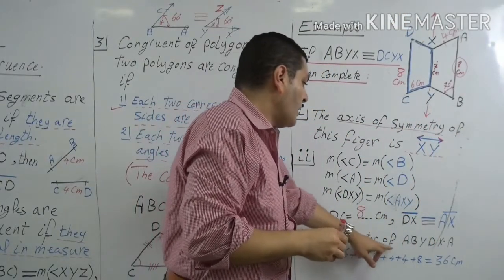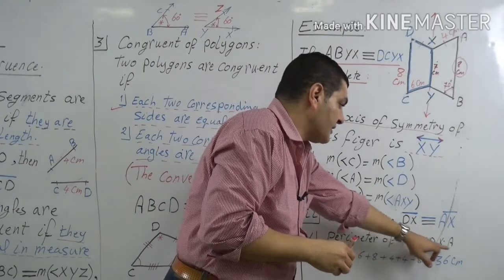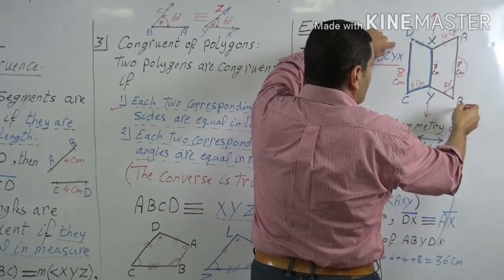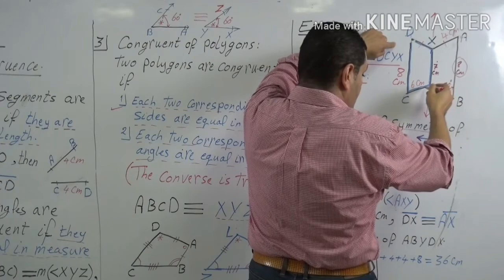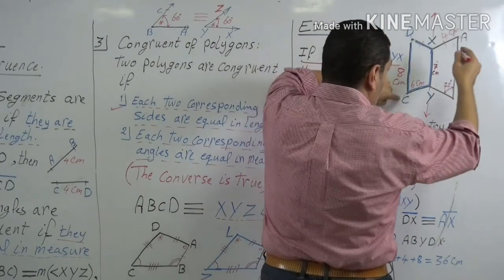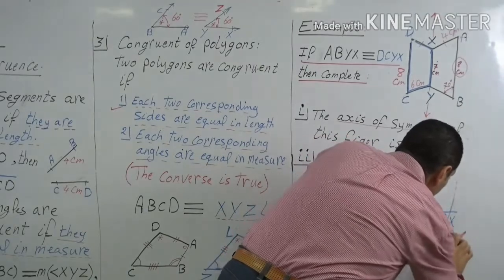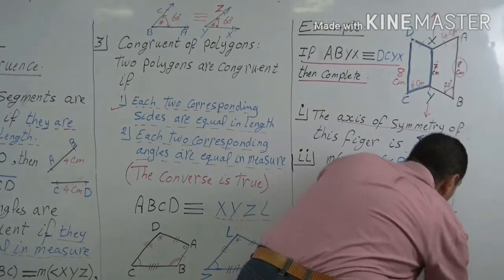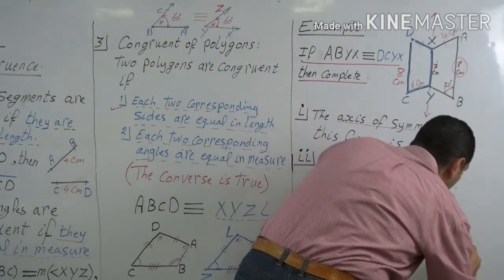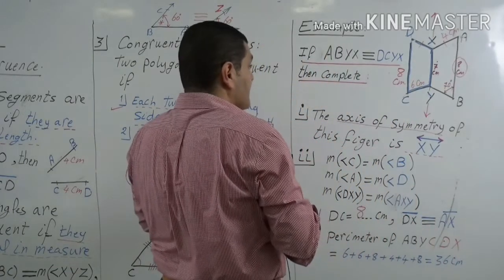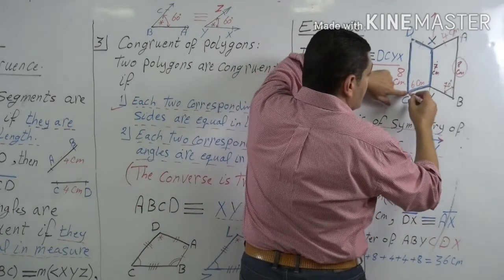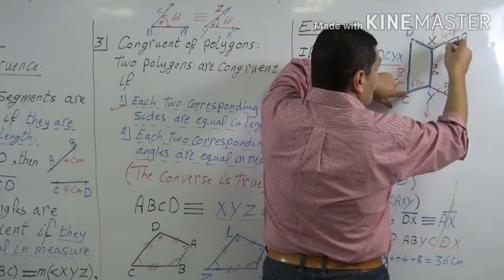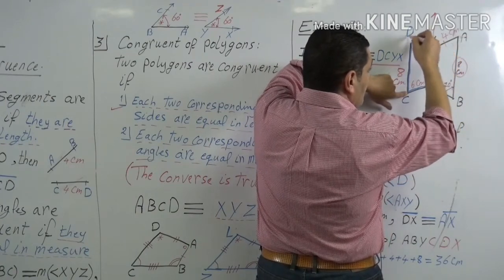The perimeter of ABYCDX is 6 plus 6 plus 8 plus 4 plus 4 plus 8.